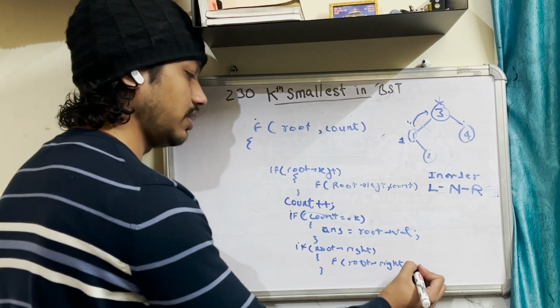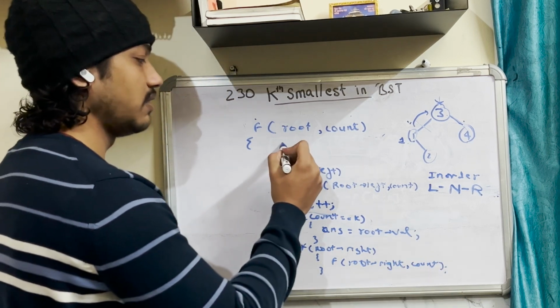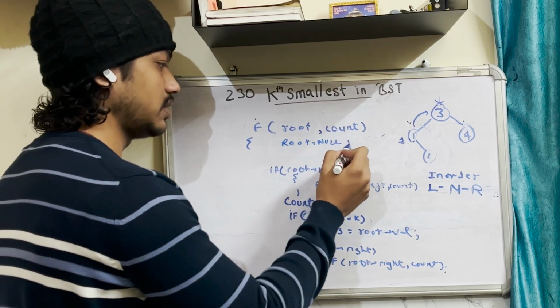I hope this is readable. And for the base case, if root == null, we'll simply return.